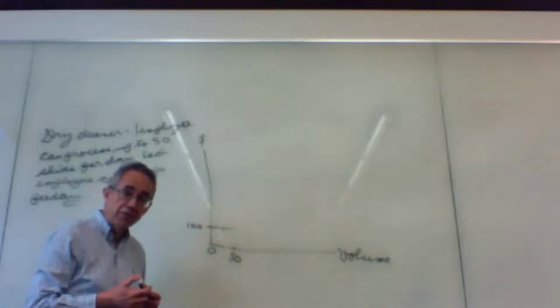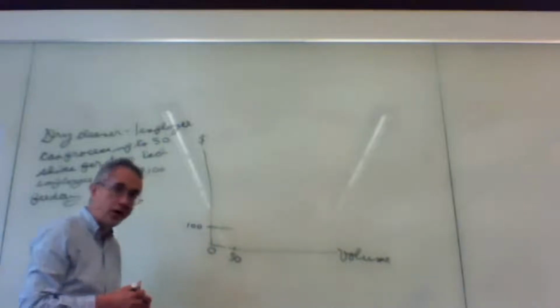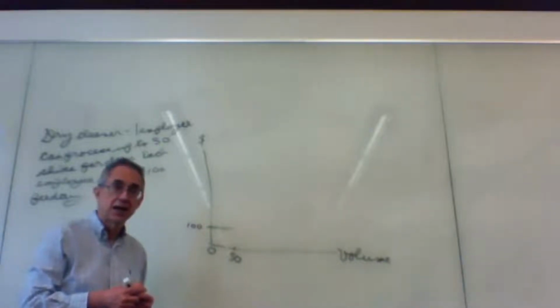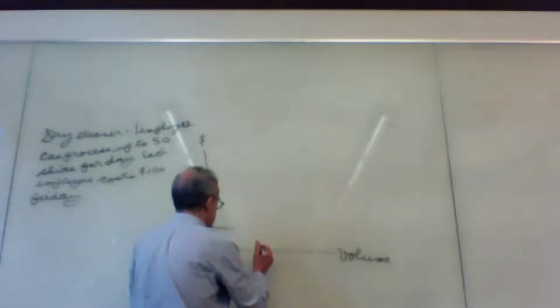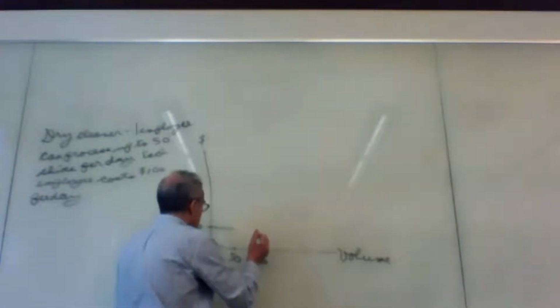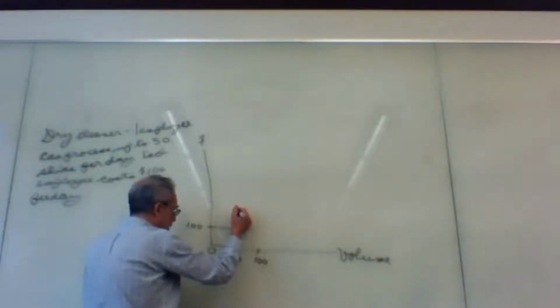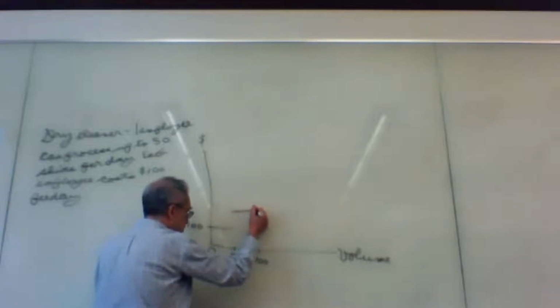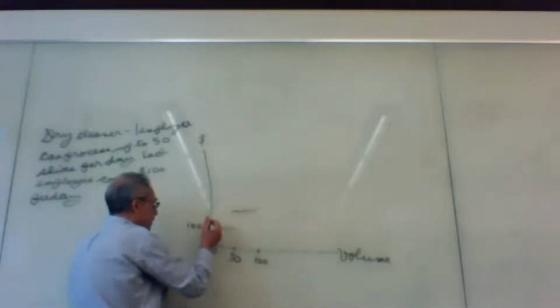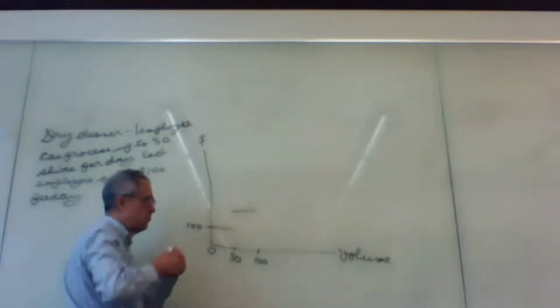If we have from 51 to 100 shirts, how many employees do we need? 2. Yes. And that little relevant range here from 51 to 100 right there. And again, the total cost would be 200. Yeah, just 2 times $100 apiece.